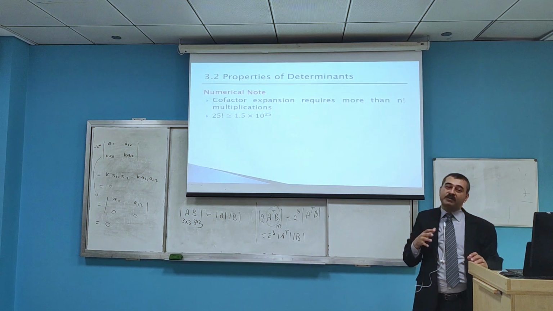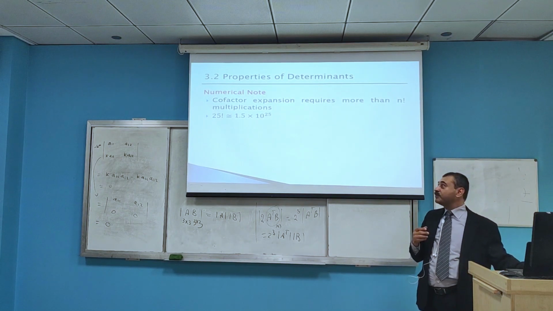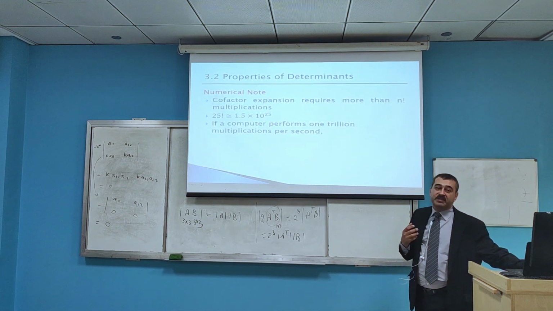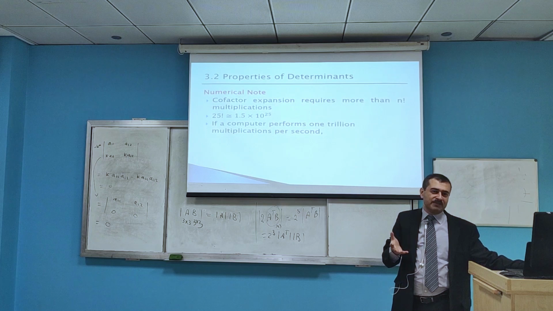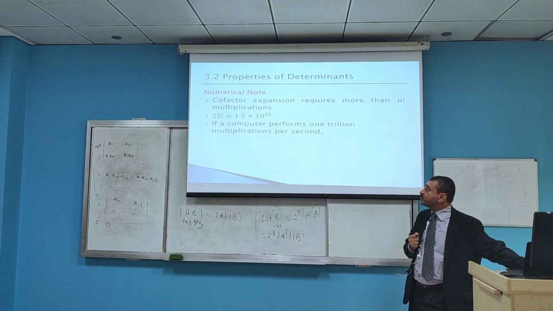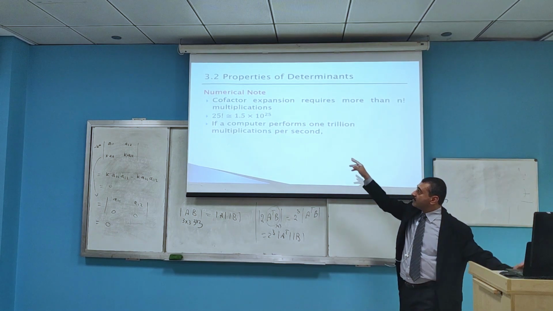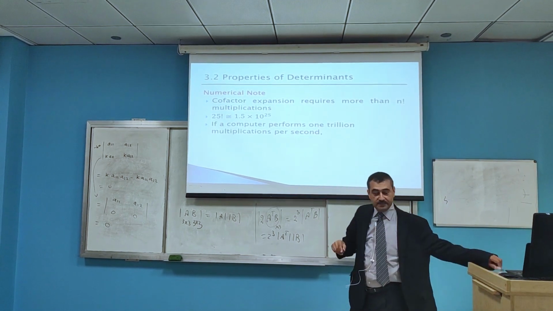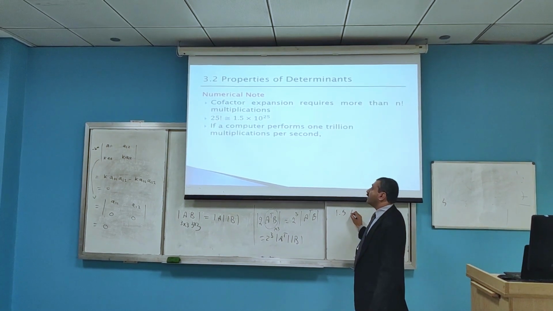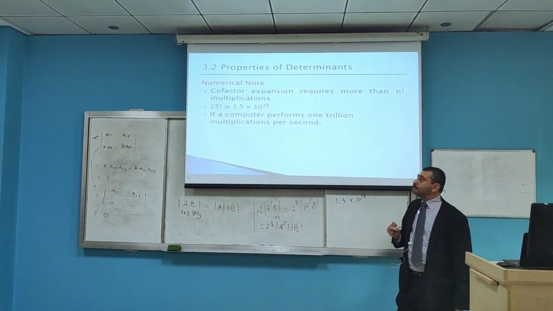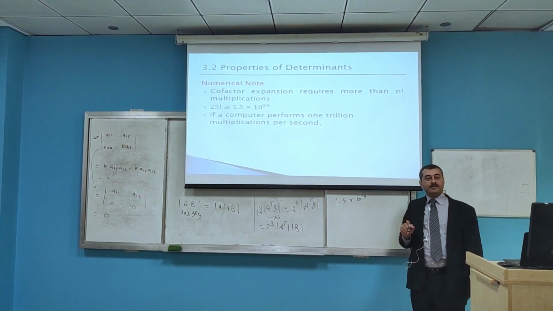So even if you have a powerful computer that performs 1 trillion multiplications per second, actually you don't have this in your PC, you have giga, okay? Giga operations per second. If you have trillion operations per second, you will need actually, if you divide this by 10 to the power 12, you will get 1.5 times 10 to the power 13 seconds.